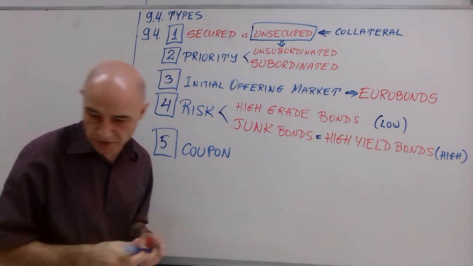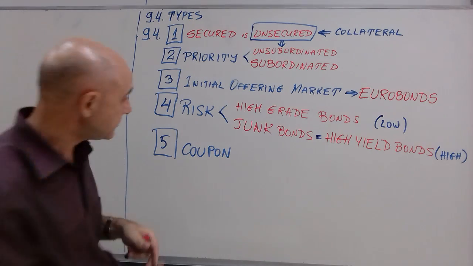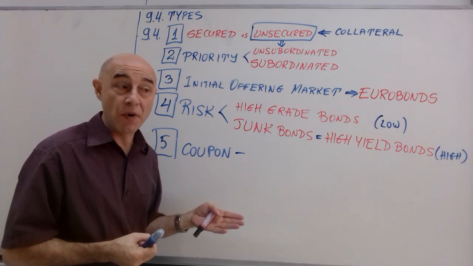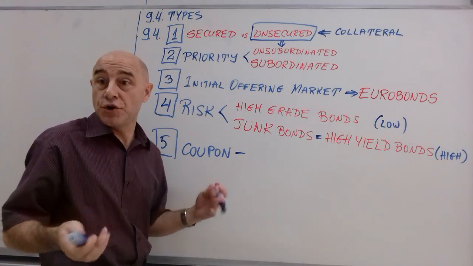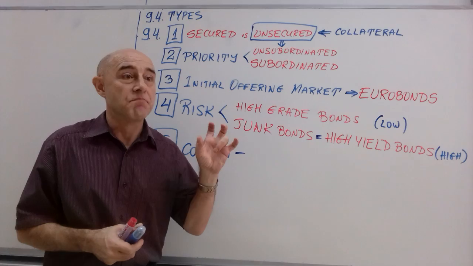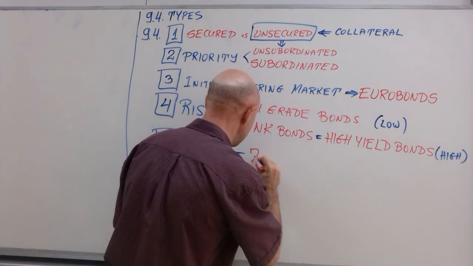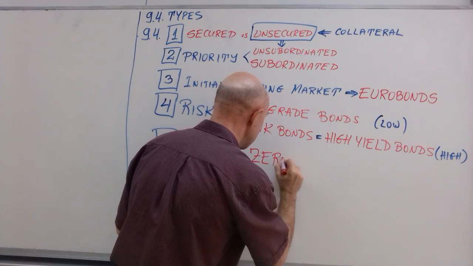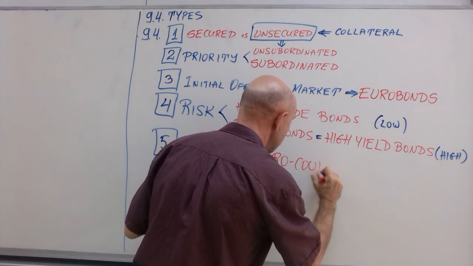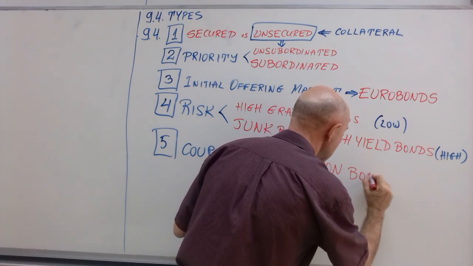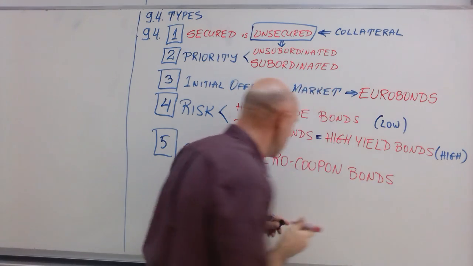Coupon. What about the coupon? They may have a very low coupon or they may have no coupon. In other words, bonds with no coupon are called zero coupon bonds.